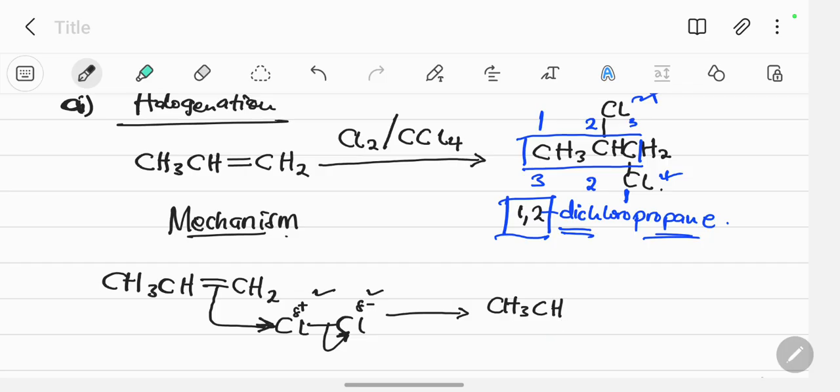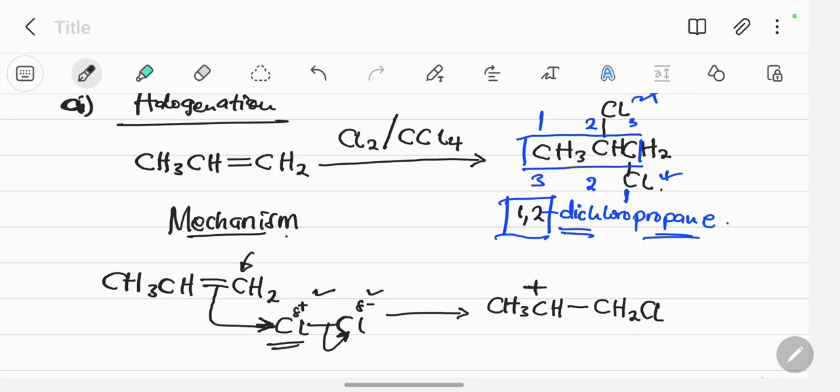The other thing you have to note is that the first chlorine atom to attack is going to be added to the carbon atom with the highest number of hydrogen atoms. So this is what I mean. This carbon atom has 2 hydrogens. This carbon atom has 1 hydrogen. So the one with 2 is given the chlorine. Then this one is left with a positive charge there.